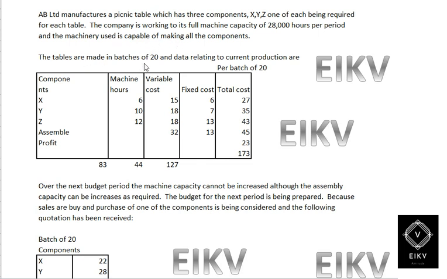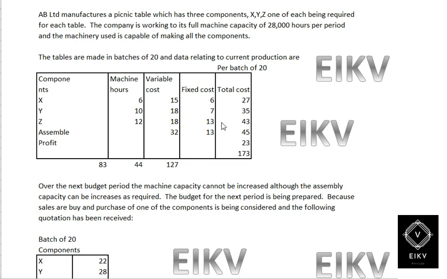The tables are made in batches of 20, and the data relating to the current production per batch of 20 are as follows. We have the components X, Y, Z. Machine hours: 6, 10, 12. Variable cost: 15, 18 and 18.